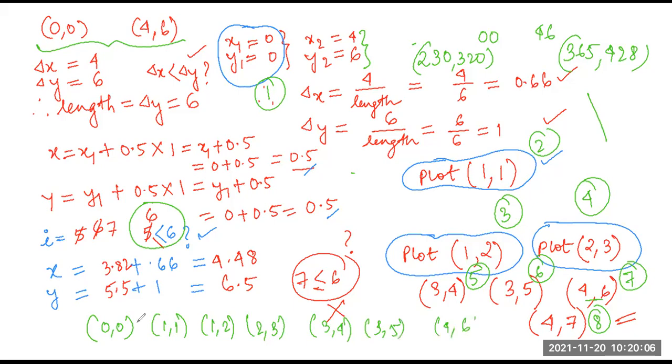These are the points between 0, 0 and 4, 6, following the DDA line drawing algorithm and applying the concept of rasterization. Is this algorithm and the sum clear to you? Yes, ma'am.